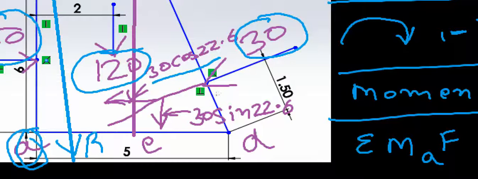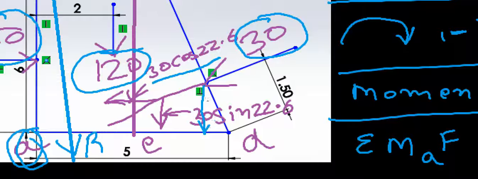Okay, so now let's start from this force. This is 30 sine 22.6 multiplied by, it's this force in the y direction.